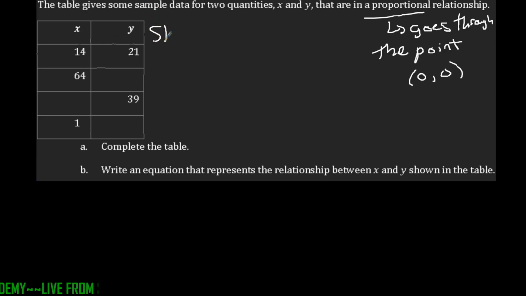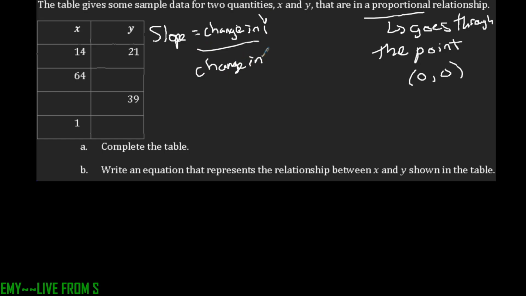slope. So what I'm going to do is say slope is going to be that change in y divided by that change in x. And I'm going to use these 2 points: the point 0, 0, and the point 14, 21.